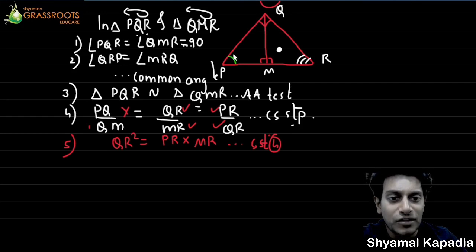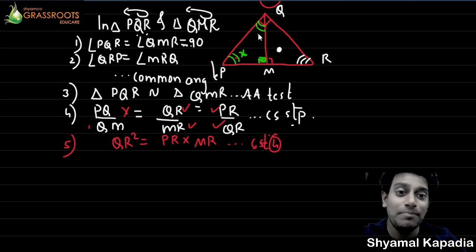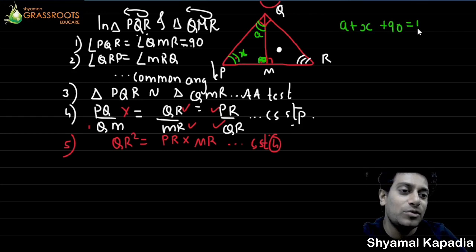Listen, the first thing, let me call this as X. This is 90. Okay, so this angle is going to be 90 minus X. I can prove it. Let this be A. Angle sum property. A plus X plus 90 is equals to 180.